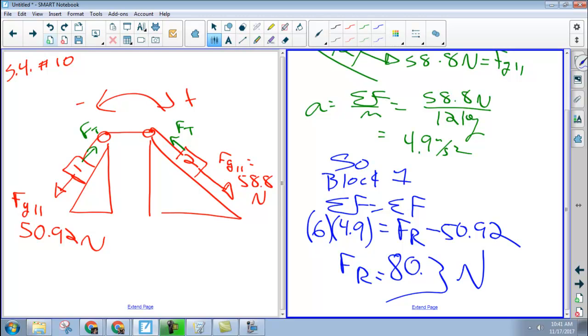The tension isn't 0, so we know they're moving together, so they have to have the same acceleration. The problem is we can't look at the whole system because I don't know my total mass and I don't know the acceleration, so there are 2 unknowns there. I can't look at block 1 because I don't know its mass, but what about block 2? For block 2, I know all of my forces and the mass, right?